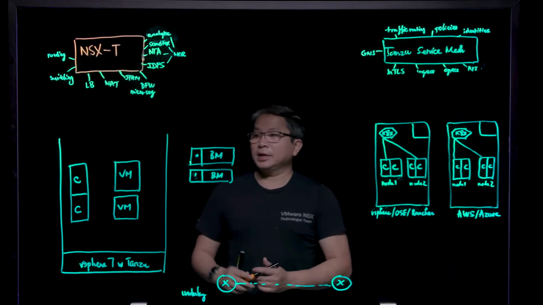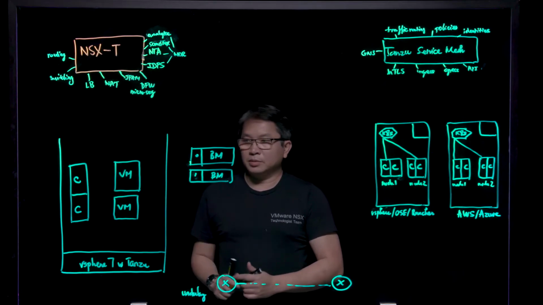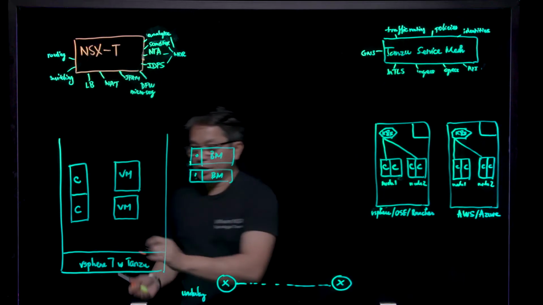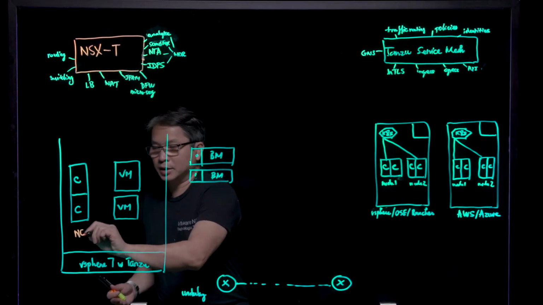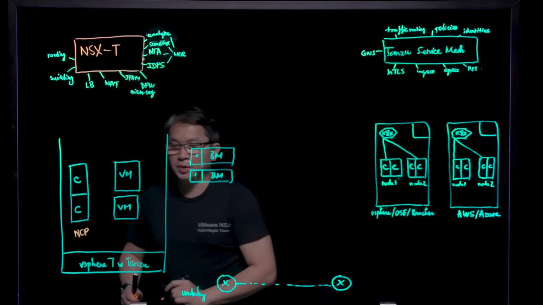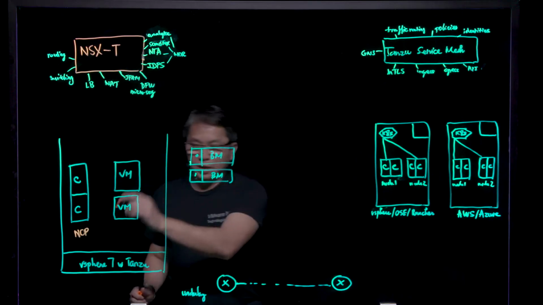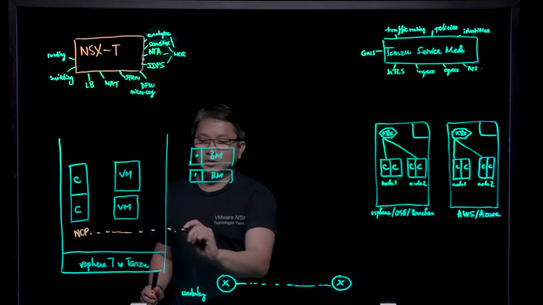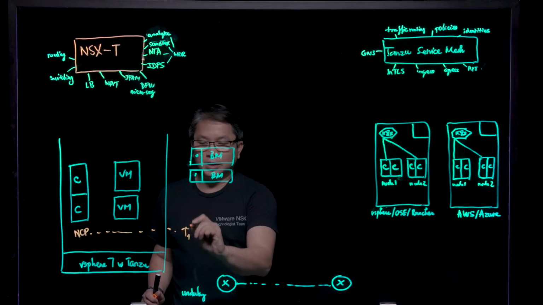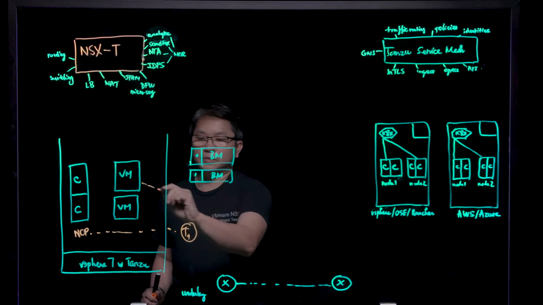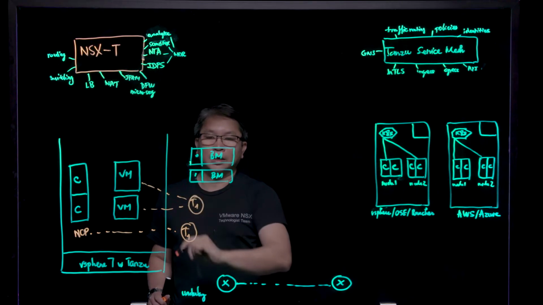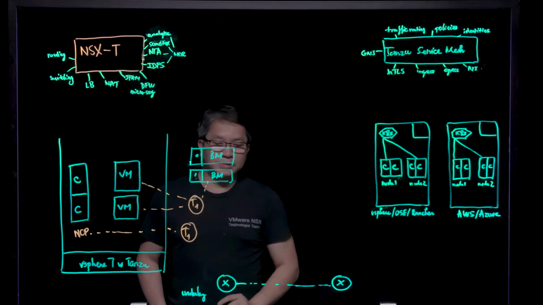So on the left side, you have all the containers running on vSphere 7, and to connect them together, you can build the NCP, which is the native container plugin, the NSX container plugin. So the NCP can run in here. It ties into different segments. So you have two segments here connected to a tier 1, and the virtual machine connects to another tier 1, which is another segment. And also the bare metal can be on the same segment.